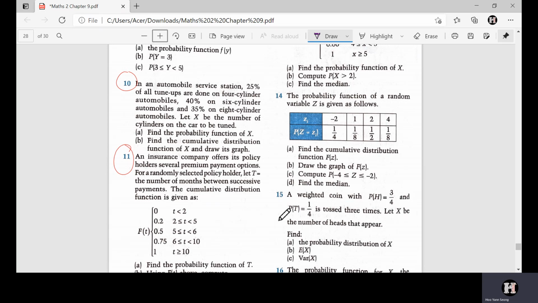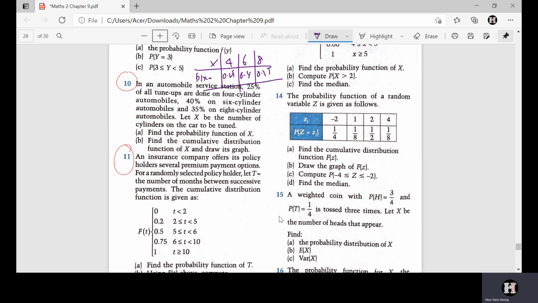Let X be the number of cylinders, so 4, 6, 8. Change the percentages to become 0.25, because this is a probability, and label P(X equals x). The sum of them, 0.25 plus 0.4 plus 0.35, is 1, so this one is valid.